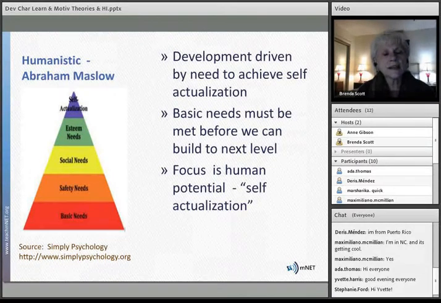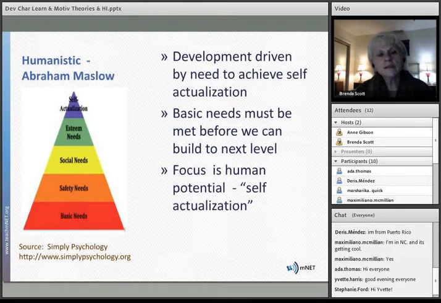And he said we learn and we develop because we want to be a self-actualized person, to be the best person that we can be, to achieve our best potential. So he came up with what he calls a needs hierarchy. If you look over to the left, there's Maslow's needs hierarchy.